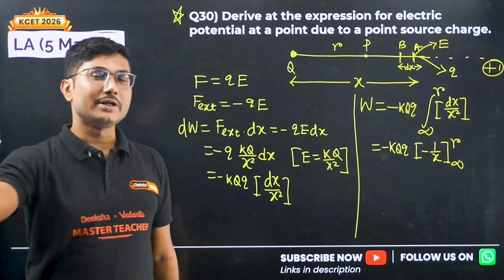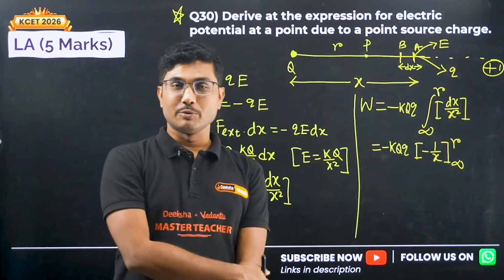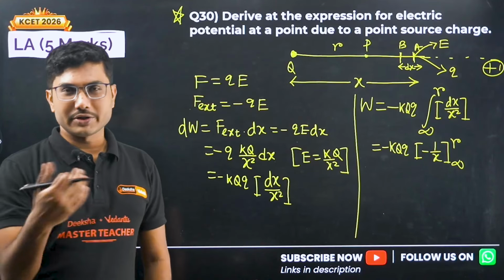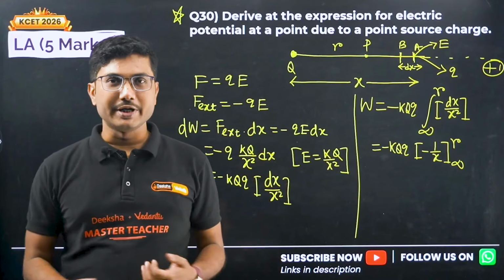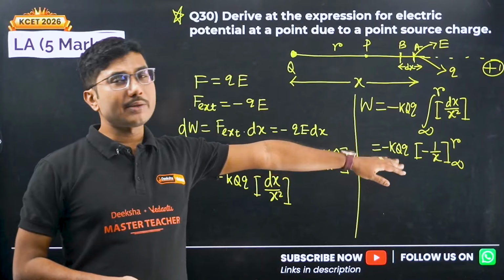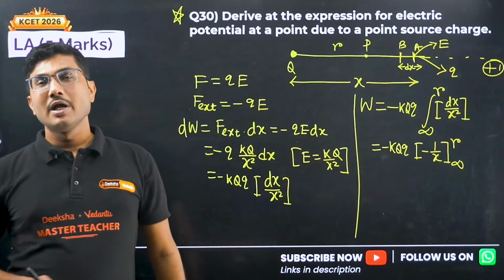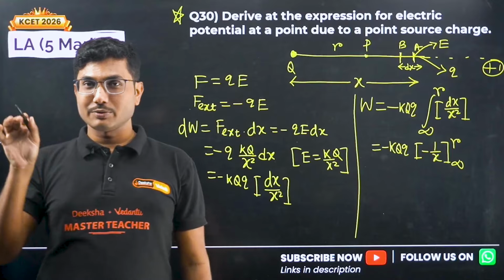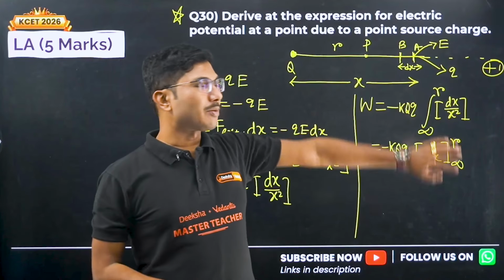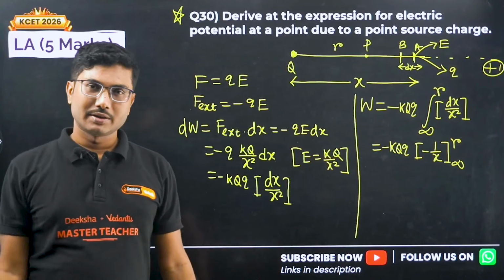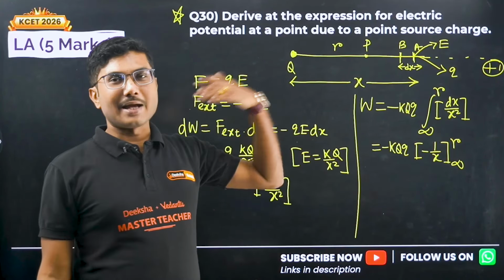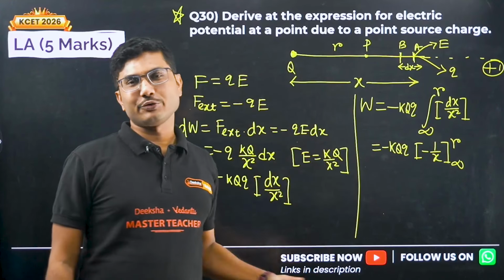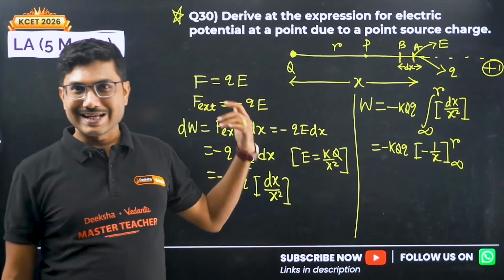Integration was not yet taught to you in your PU board. Some students are smart and had already realized it, but at that point of time it was very difficult for you to remember. You have to do the integration: x to the power of minus 2 plus 1, which is minus 2 plus 1. Now you are familiar: 1 upon x square integrates to minus 1 by x. As time progresses, you are improving, so you have to improve with this as well.